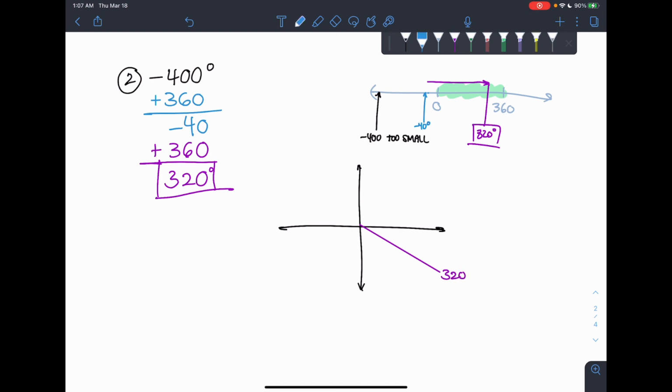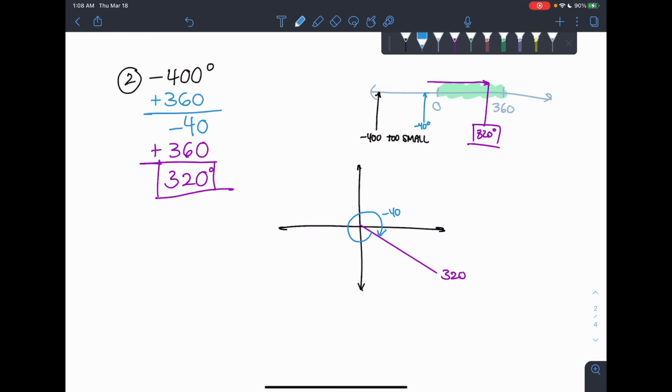If we are to go one full rotation in the negative direction, like so, remember, it's almost as if we took this 320, went backwards, backwards, went back to 0, and then went in the negative direction. We end up down towards negative 40 degrees.